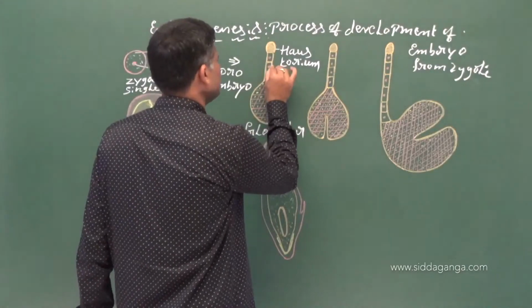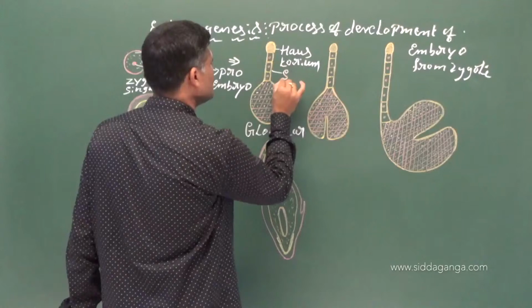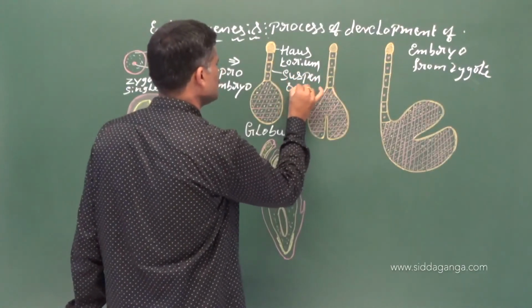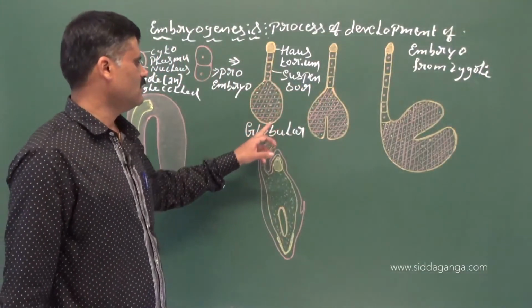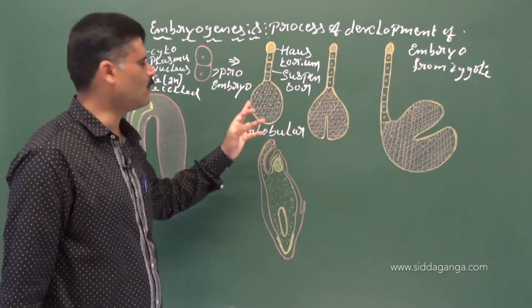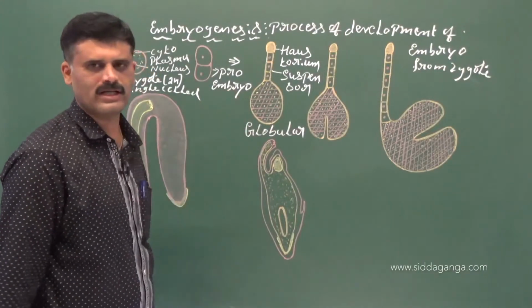Then these elongated cells are called the suspensor. Okay. Then this is the globular embryo, that is a globe shaped embryo which consists of many cells and a nucleus.